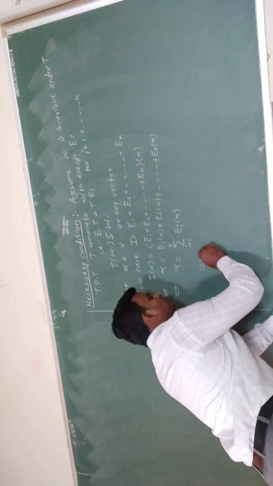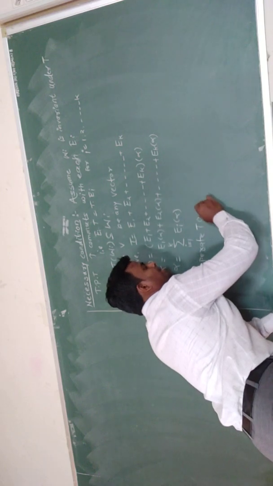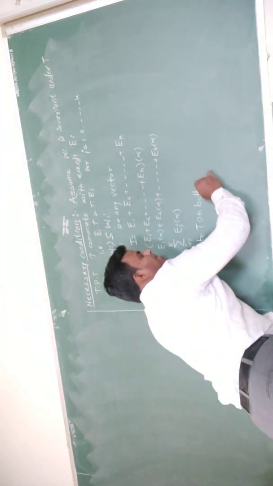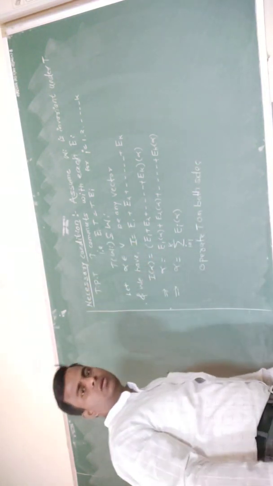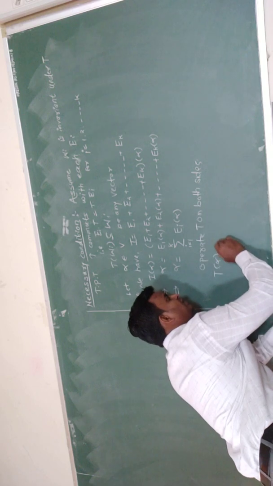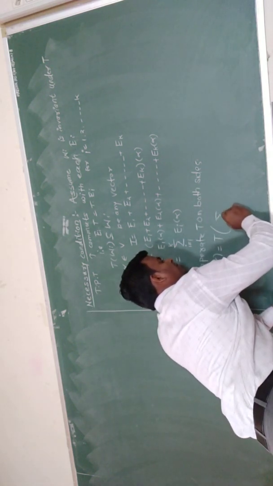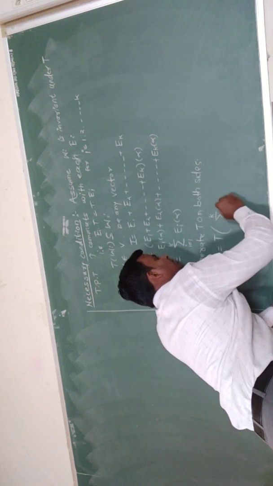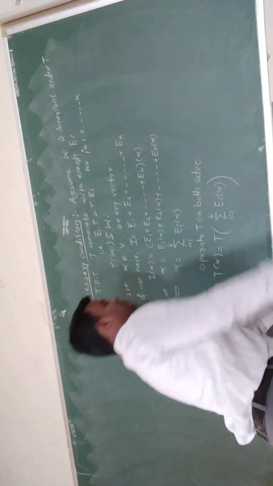Operate T on both sides. Hence we get T of alpha is equal to T of summation i equal to 1 to k E_i of alpha.